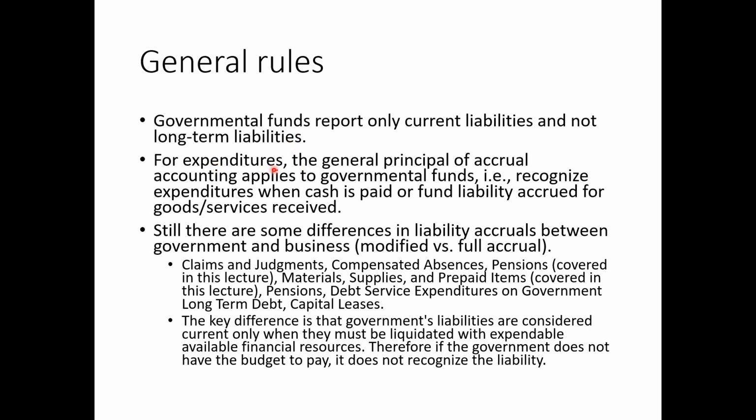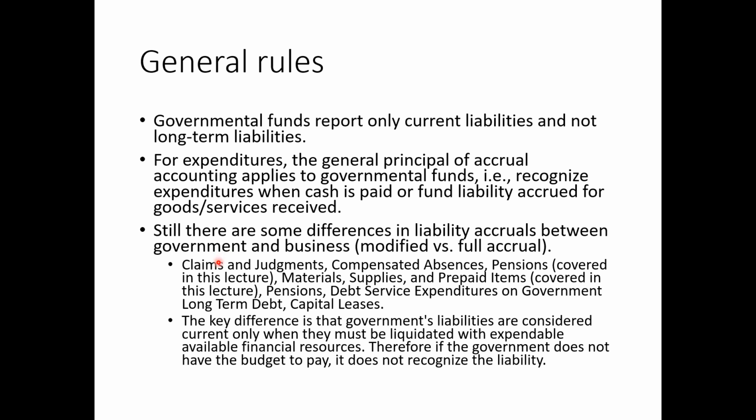For expenditures, the general principle of accrual accounting applies to governmental funds. For instance, we recognize expenditures when cash is paid or a fund liability is accrued for goods and services received. So basically it follows accrual accounting for expenditure recognition.